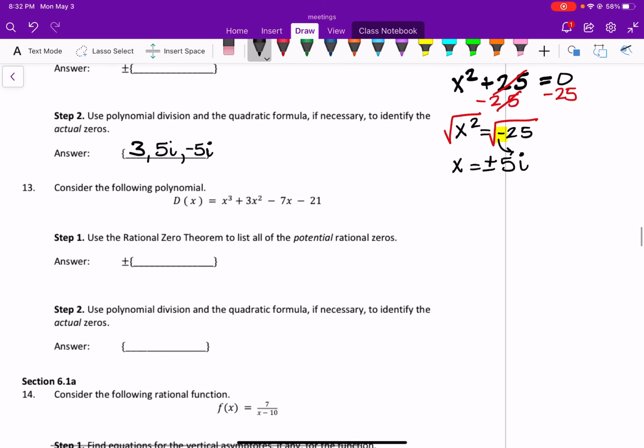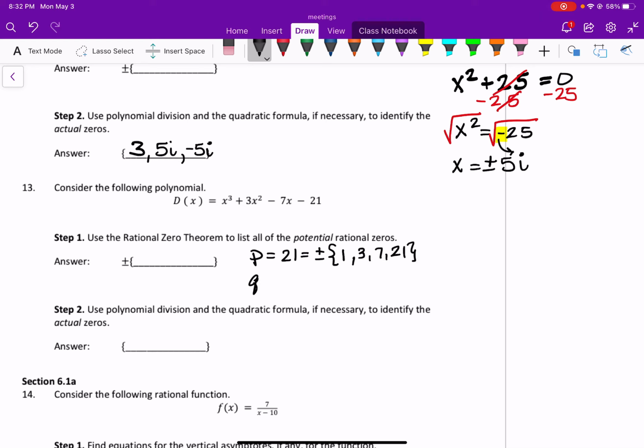So number 13, same type of problem here. We're going to start off by finding our p. Our p is going to be 21. Remember, when I'm doing the p and q, I really don't care about signs. This is plus or minus. Our factors of 21 are going to be 1 and 21, and then 3 and 7.